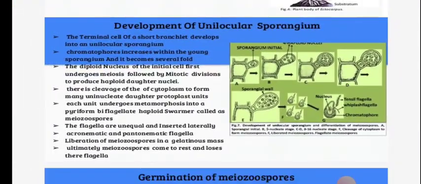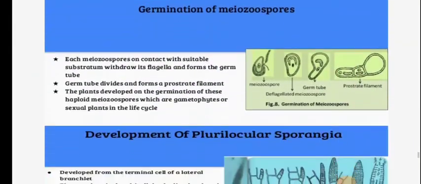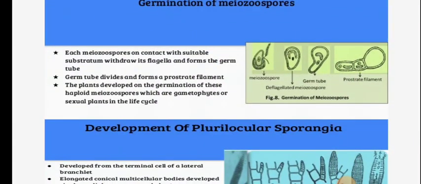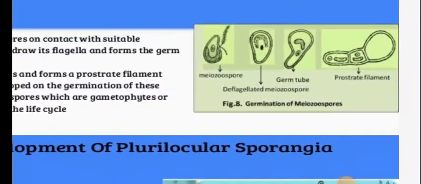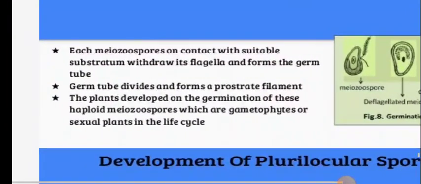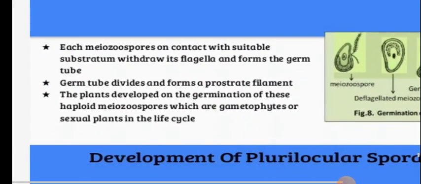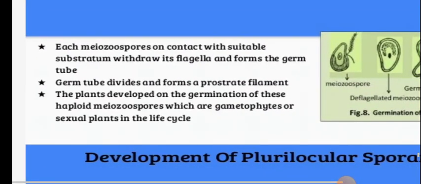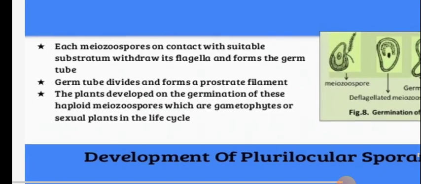Then the second part is the germination of this meiozoospore. After germination, it gives rise to the formation of a prostrate filament. Right. So each meiozoospore loses the flagella and forms the germ tube.